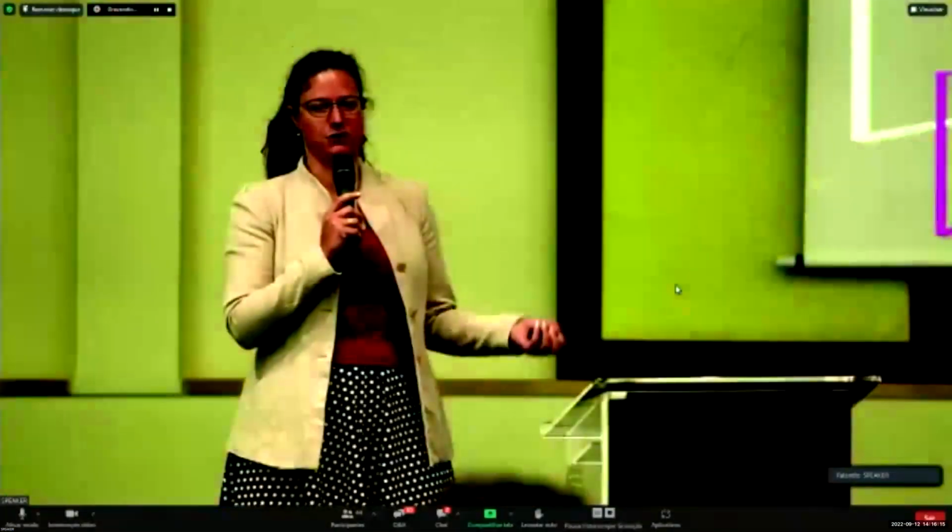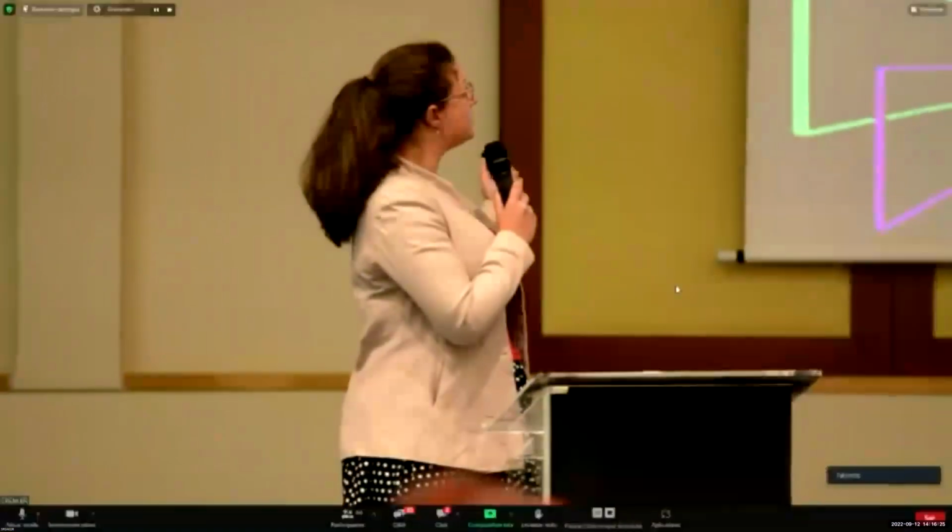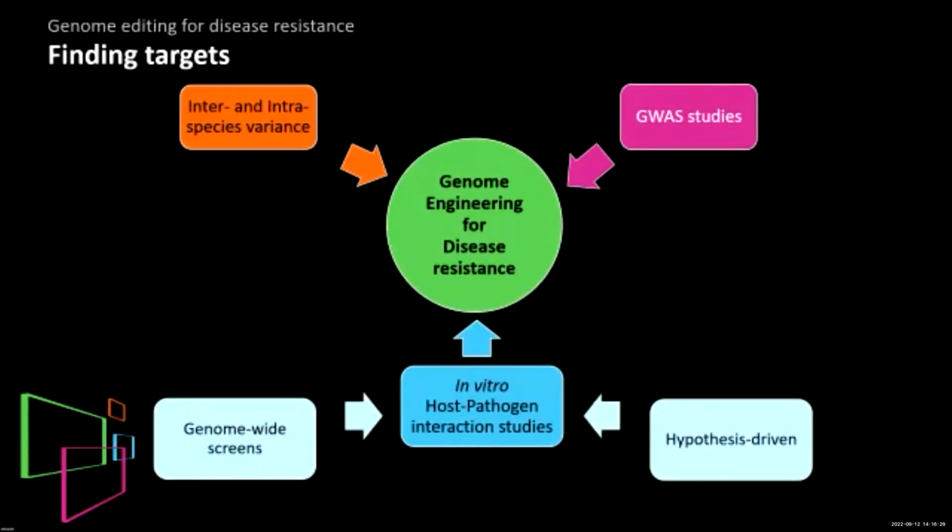However, as Simon has already highlighted, one of the biggest issues that we have is finding targets. And where we can take our inspiration for genome engineering for disease resistance is from GWAS studies. We can look at inter and intraspecies variants, which we have discussed a lot for things like African swine fever, where we have wild suids that are resilient to the disease.